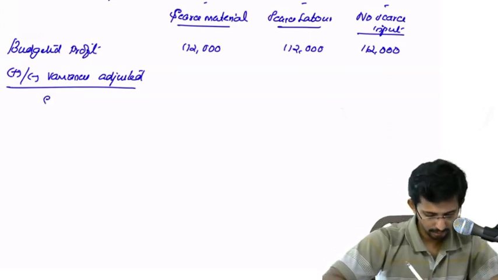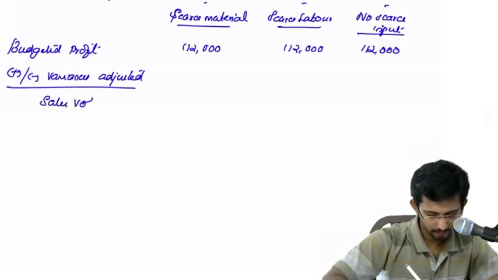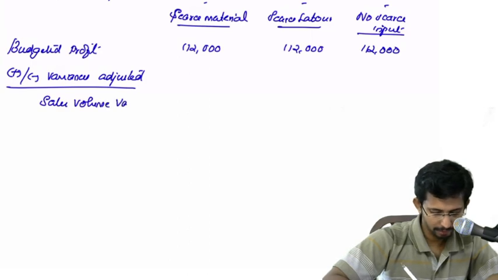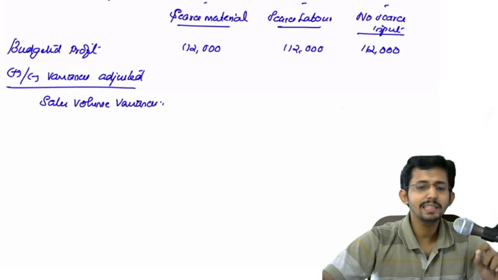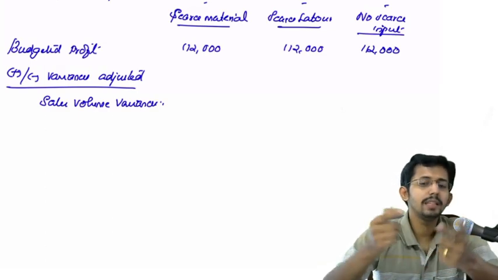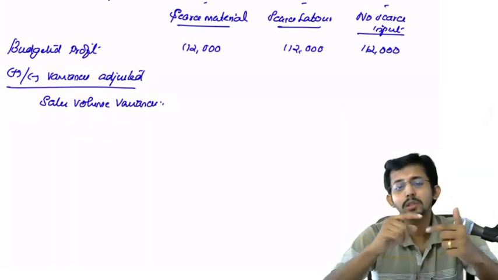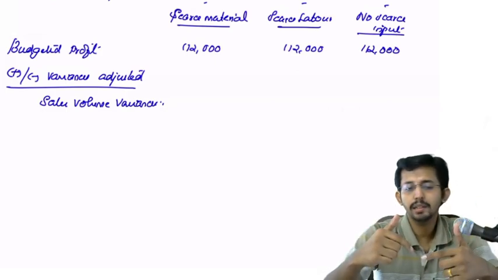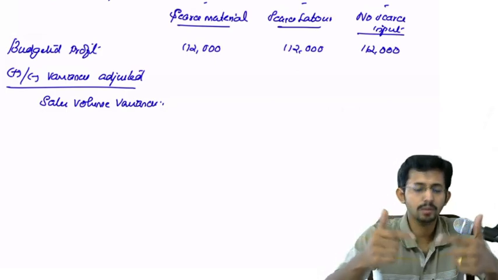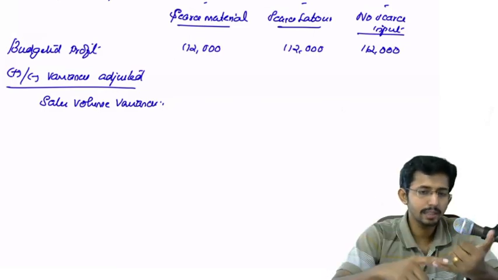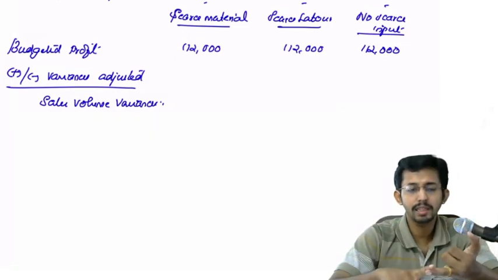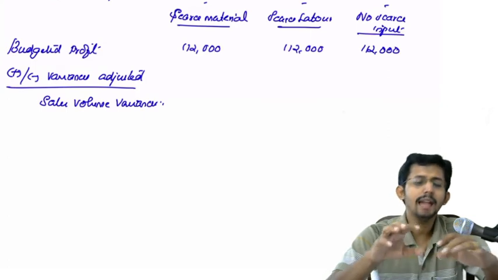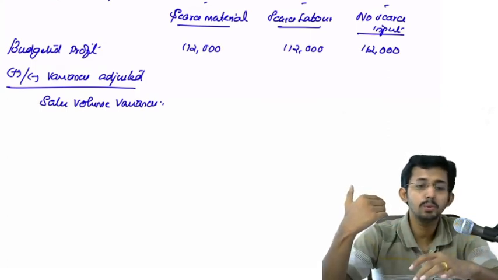What are the things we have to take? First is sales volume variances. I told you, whenever there is a limiting factor, there will be opportunity cost, and that opportunity cost has to be adjusted from that particular limiting factor cost variance, whether it is material cost or labor cost variance, and the corresponding effect has to be given to where?